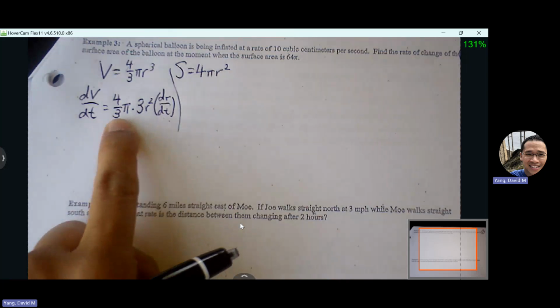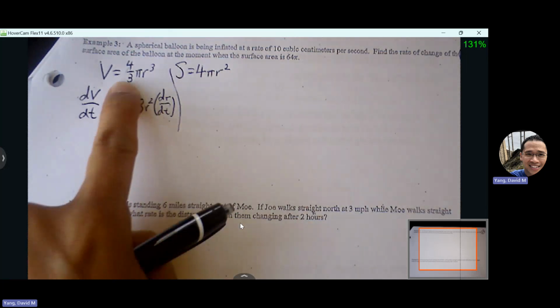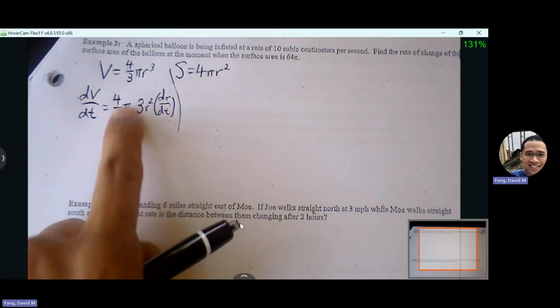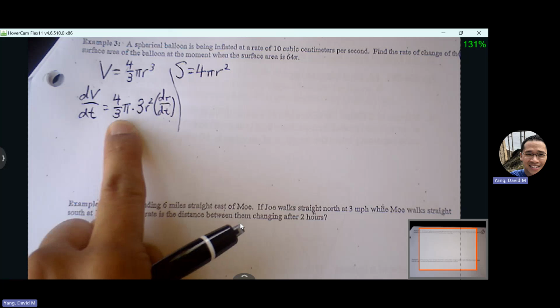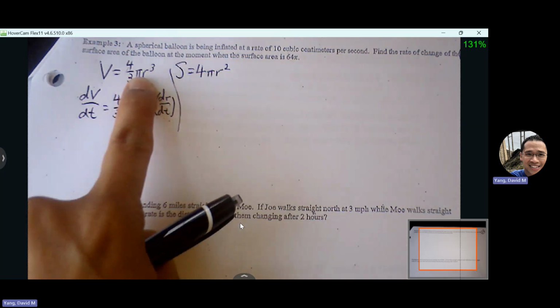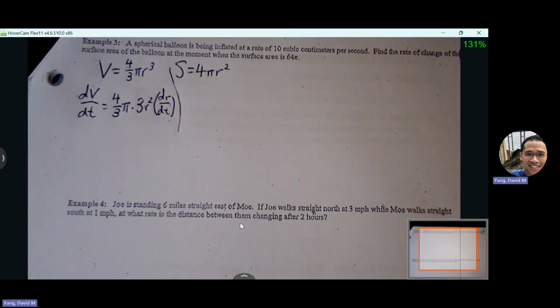Right. Some students were asking from the previous class, they were saying, hey, 4/3 pi is a constant. How come that doesn't go to a 0? Good, it is multiplied by r. So I know this is not the formula here, but if for some reason it was 4/3 pi plus r cubed, then yes, you can force that to be a 0 because that's by itself.